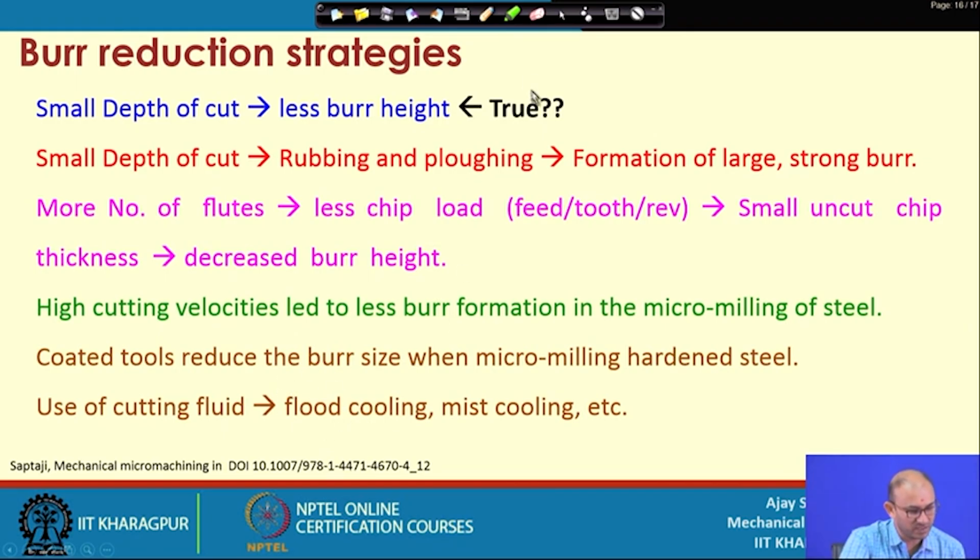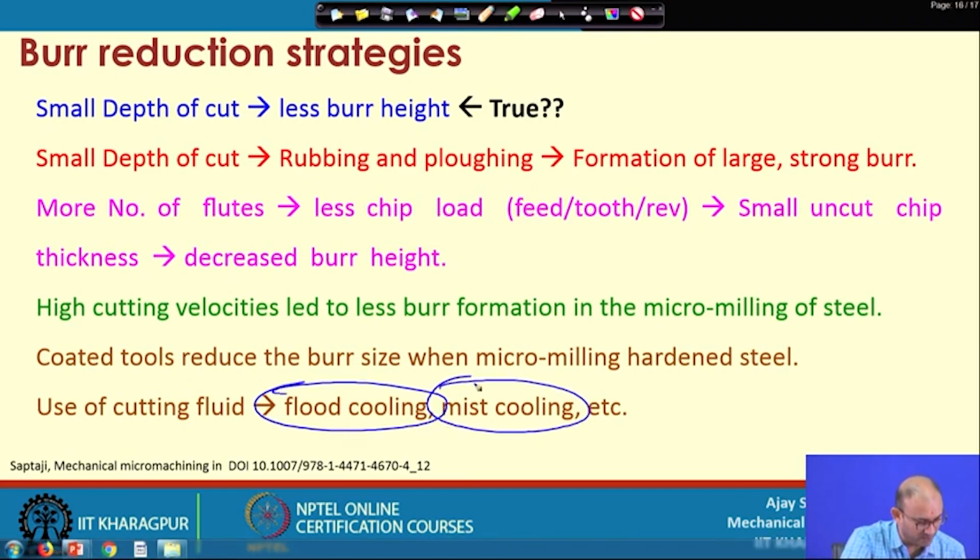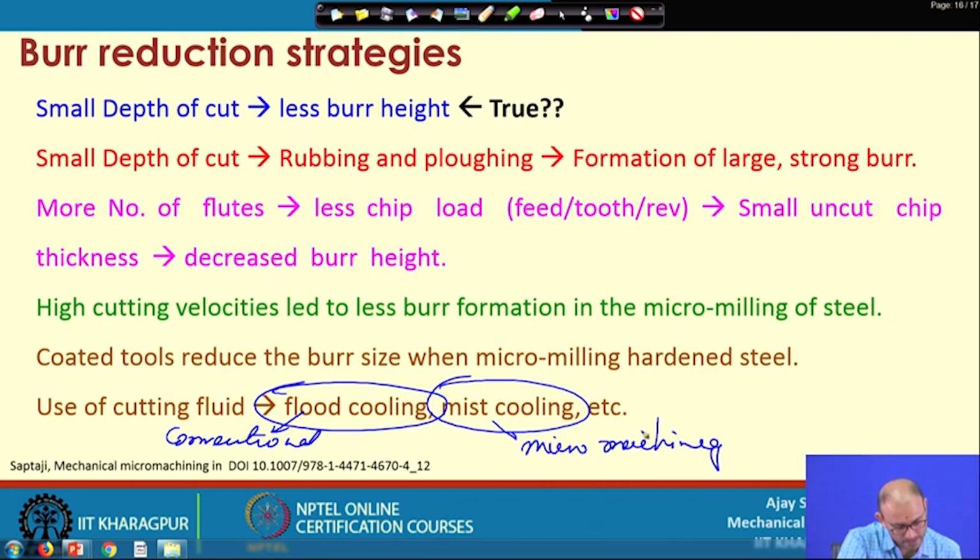In this case, mostly we go with two different ways: mist cooling and flood cooling. Flood cooling we mostly use in conventional machining, and mist cooling mostly we go with in micro machining, because there are reasons. In flood cooling, the amount of coolant you use is extremely high, and in micro machining the diameter of the cutting tool is also very low, so sometimes you may get some problem with flood cooling.